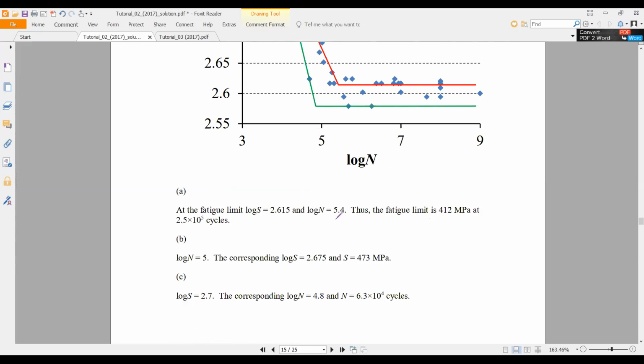So that's why they consider the fatigue lifetime somewhere here. Okay. So don't confuse too much about that. Can you see? Because they consider log N 5.4. That's how they find out the fatigue life. So they find out the fatigue life for this red color line, not for the green color.